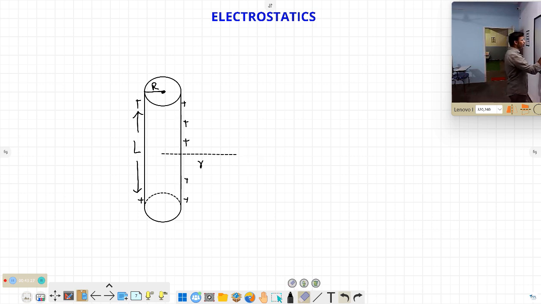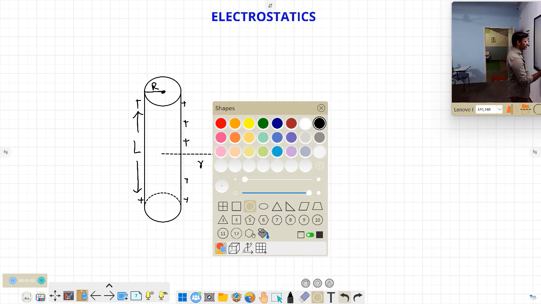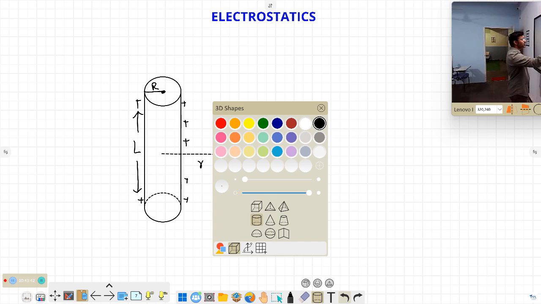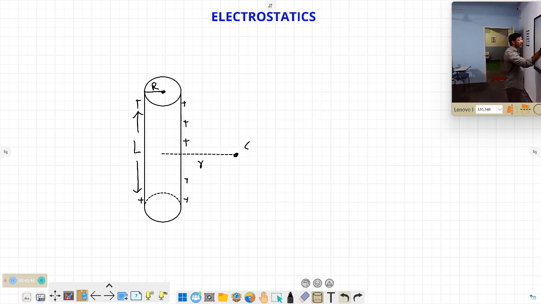So I chose the point here, that is the C point. To explain the concept of Gauss theorem, you have to construct the Gaussian surface here, similar to the same body. So here also I am taking the Gaussian surface at that point. Construct the Gaussian surface at C point. For that I am taking the diagram as it looks like this.